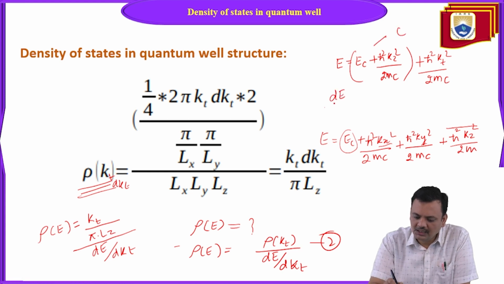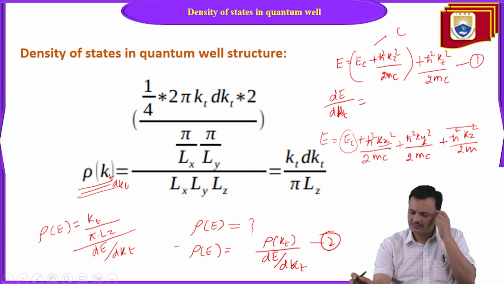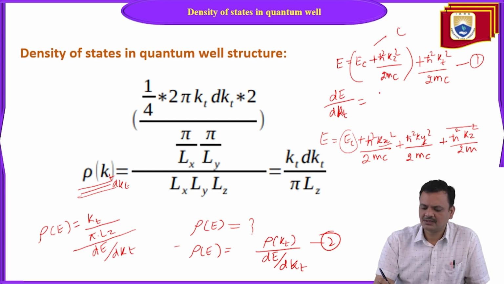So dE upon dkt. Take the first order differentiation. So what do we get? This is the constant, so this term will go to 0. Now from here dE by dkt, this 2 and 2 cancel.